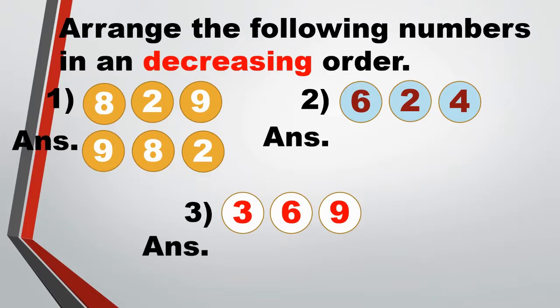We have numbers 6, 2, 4. We have to arrange these numbers from greatest number to the smallest number. So, tell me which is the greatest number in this line? Right, 6. 6 is the greatest number in this line. What is the number that comes just before 6?